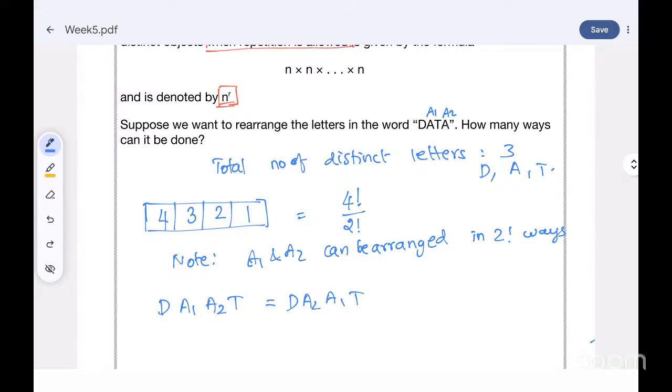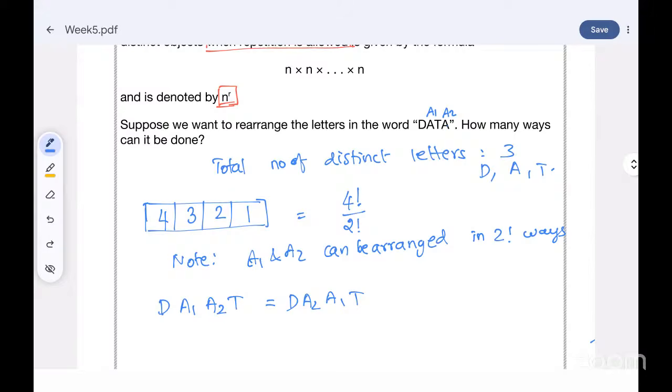Whenever some things are repeating and we have to eliminate them, we have to say how many times they repeat. That is why we divide and not subtract: it is repeating that many times, and hence we divide by 2 factorial to remove the repetitions.